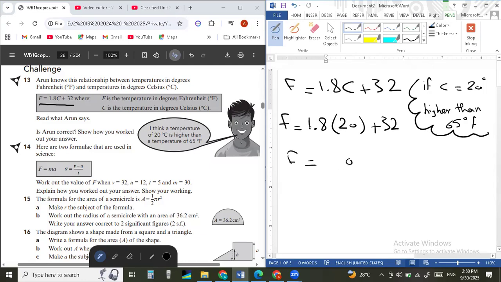You're going to find that it's 360, but I have one digit after the decimal point, so 36 plus 32. So F equals 68 degrees. So yes, mister, it is going to be higher than 65.